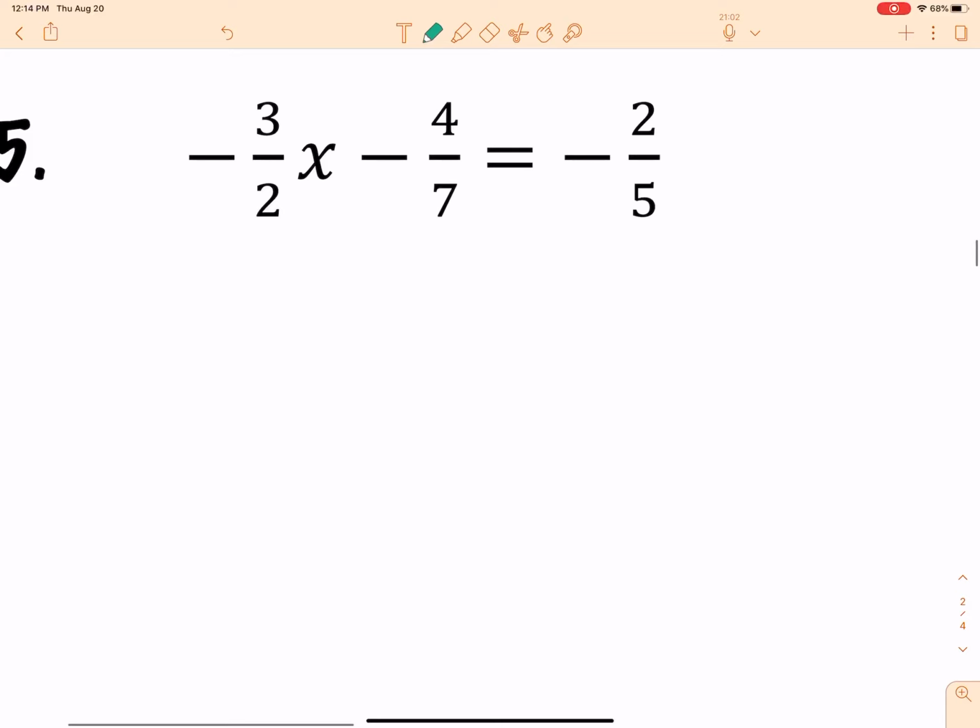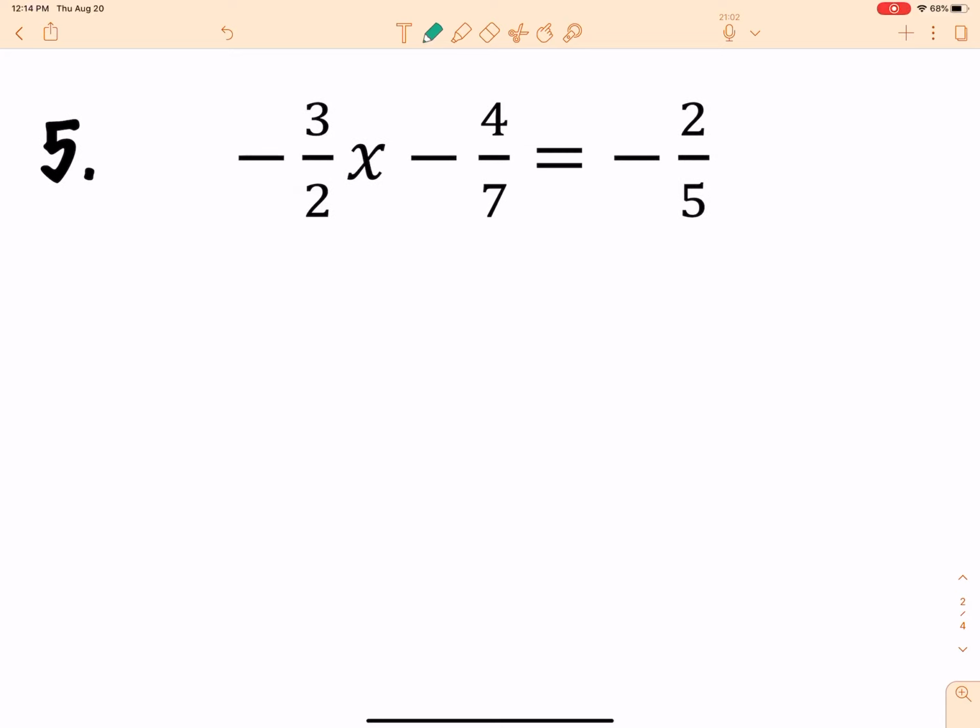Okay, so our denominators here are 2, 7, and 5. Our least common denominator would be 70. The quickest way I like to find my least common denominator is to take the biggest one and list out its multiples. So 7, 14, 21, and I would keep on going until 2 and 5 can both go into those numbers.